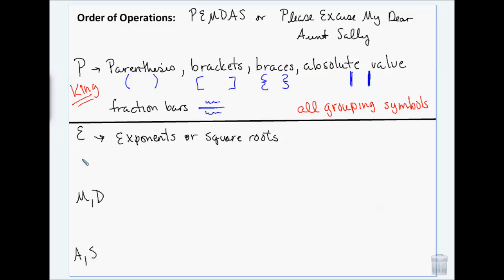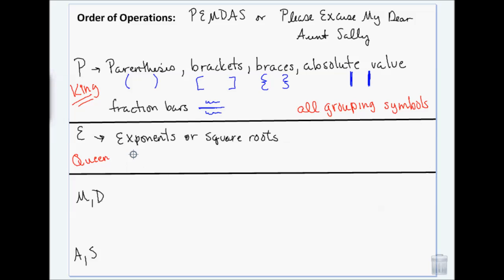And if parentheses are the king, exponents are the queen. Okay, so when you're in the royal court, the king has the most power. You deal with him first, right? But if the king's not present, you go to the queen next, because the queen has the second most power.